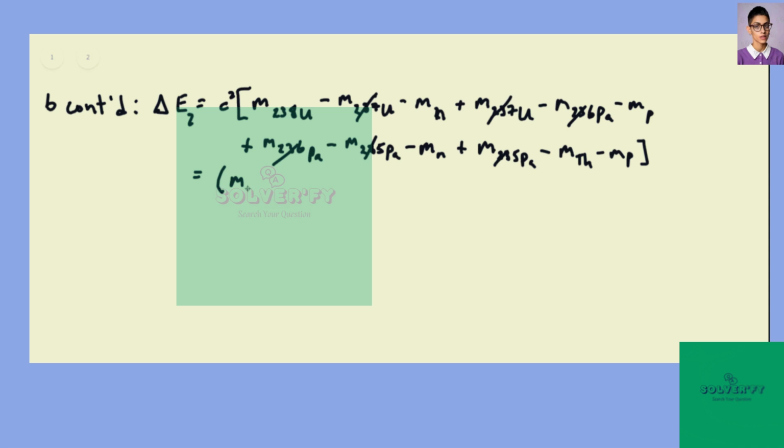So what we end up with is the difference between the mass of the uranium we start with, the two neutrons we remove, two protons we remove, and the thorium that we're left with, times c squared. Now this comes out to negative 24.1 mega electron volts.